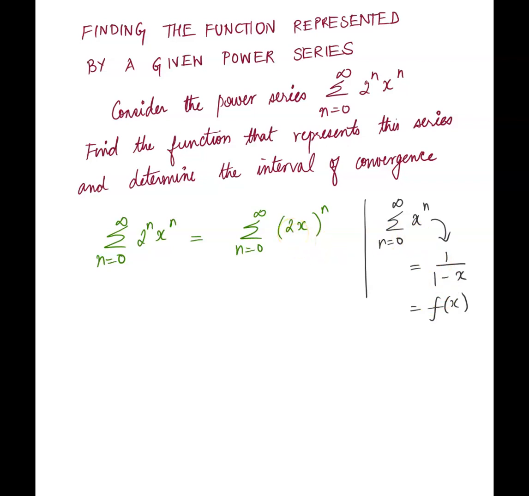So I can rewrite this series as the function 1 over 1 minus x, but in the place of x I have 2x, right? 1 over 1 minus 2x. And this will be your f of 2x, right? For all absolute value of 2x less than 1. Okay. You can write it as an absolute value representation because it's more like a nutshell, or you could expand it like this.